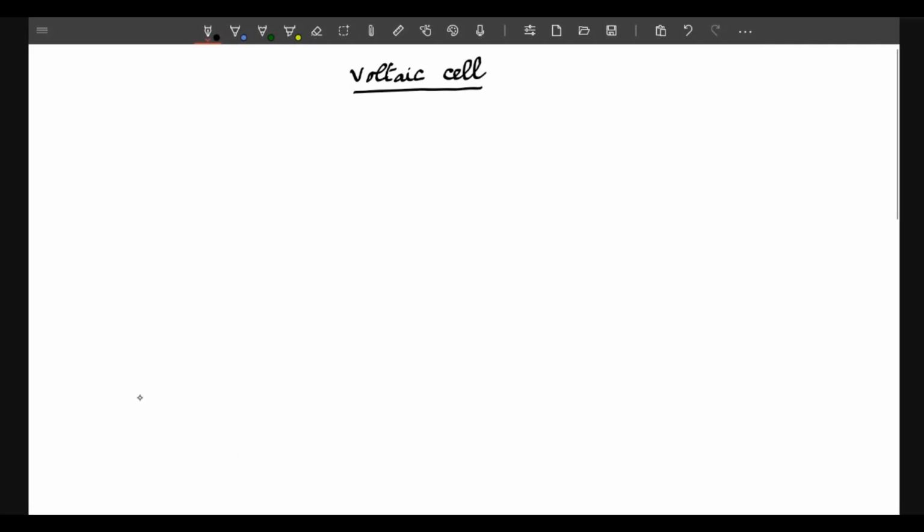And if you want to carry out a redox reaction, you can do it in one way. But that way is not useful for us. You are changing the way in a different manner. And for simplicity, it will be a spontaneous redox reaction which will be taking place.